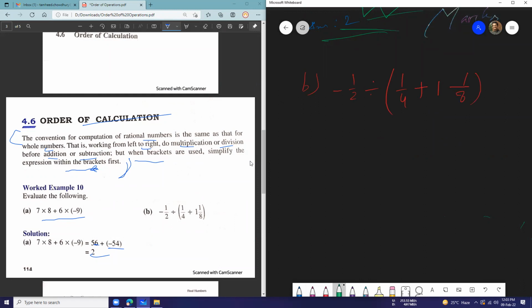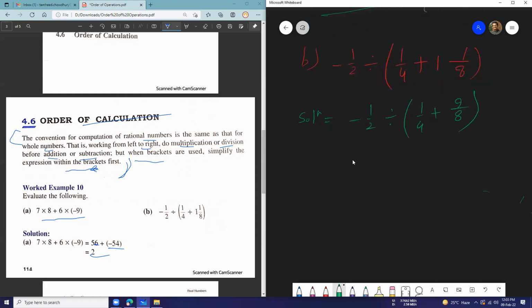The solution will be minus half divided by 1 by 4 plus 1 times 9 by 8. 8 times 1 is 8, 8 plus 1 is 9, so 9 by 8.